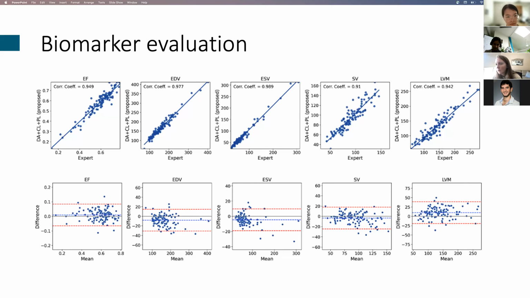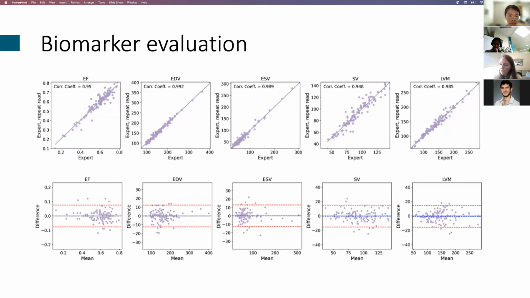I'm plotting the correlation on the top row and the Bland-Altman plots on the bottom row for these 5 different functional biomarkers.